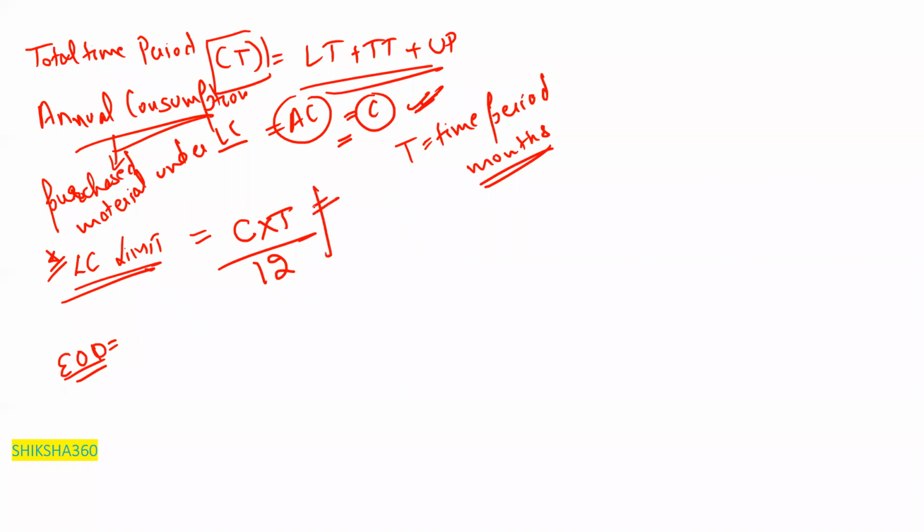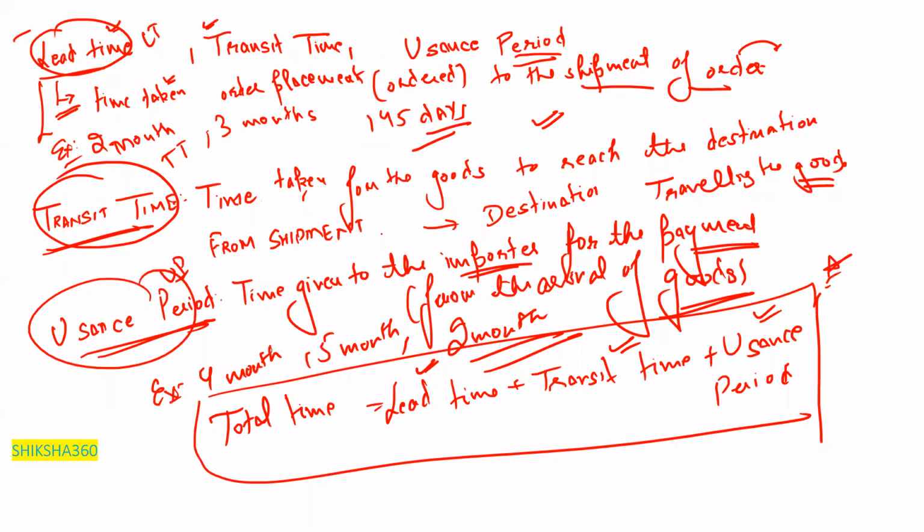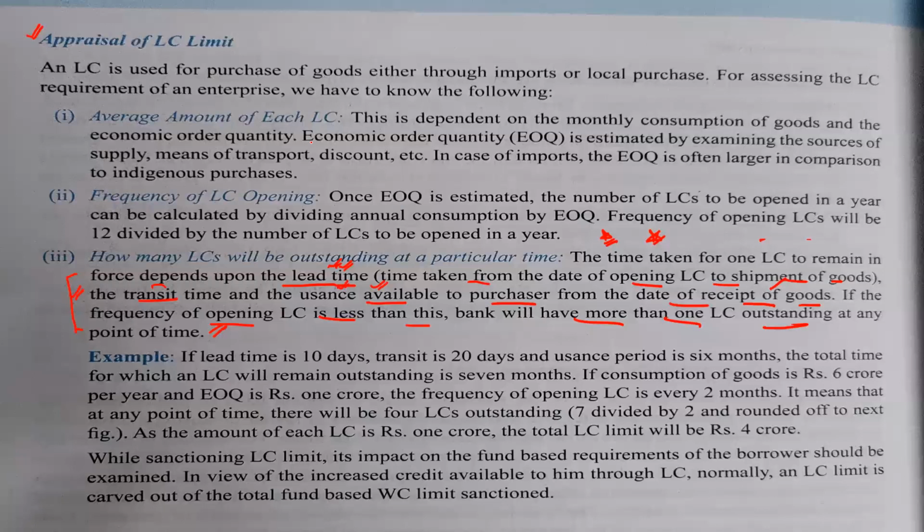Please wait five minutes more, you will be able to understand all the points. EOQ is basically economic order quantity. That is the minimum order which you have to place. Clear? EOQ, economic order quantity.